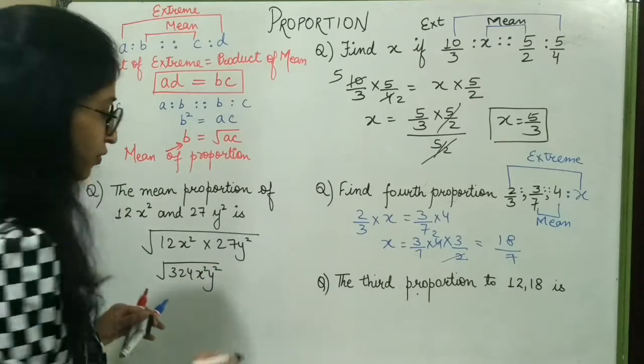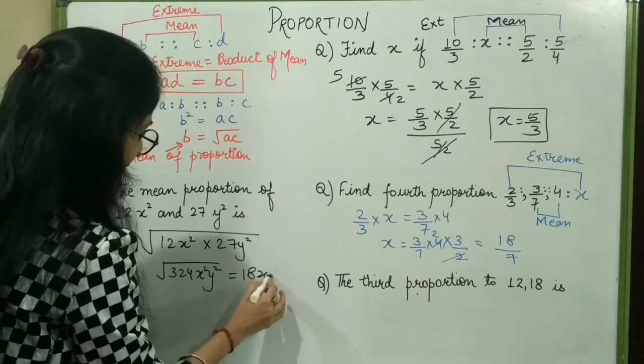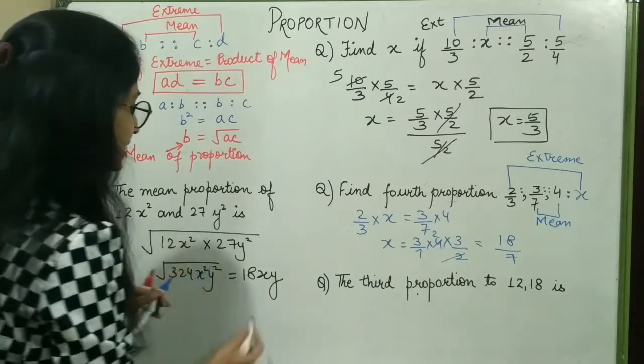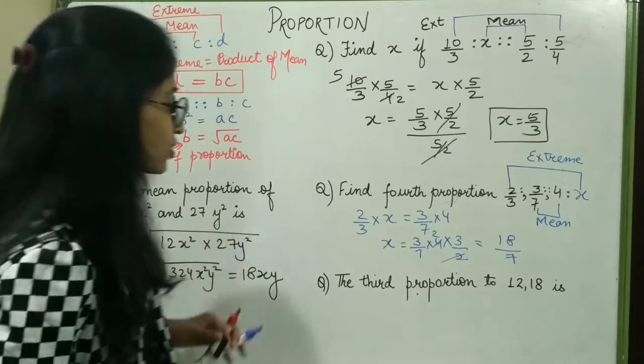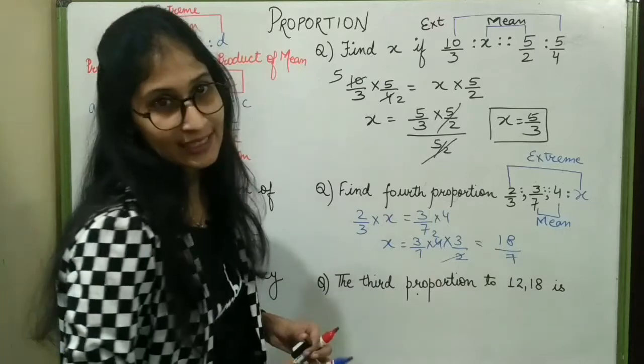Under root of 324 will be 18. Under root of x square y square is xy. So the mean proportion value is 18xy.